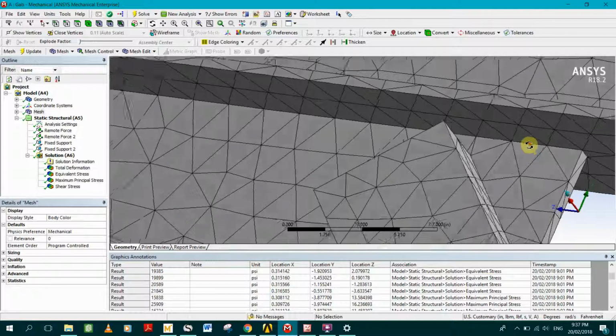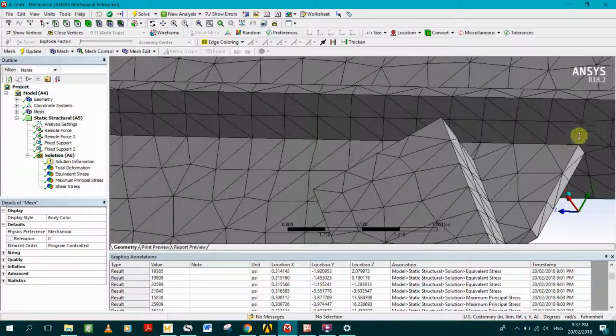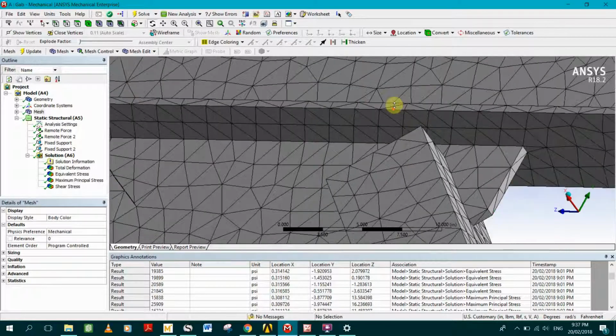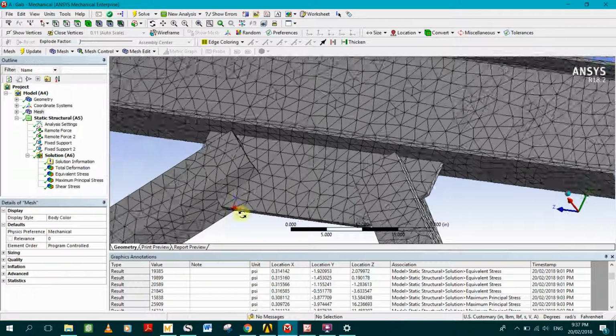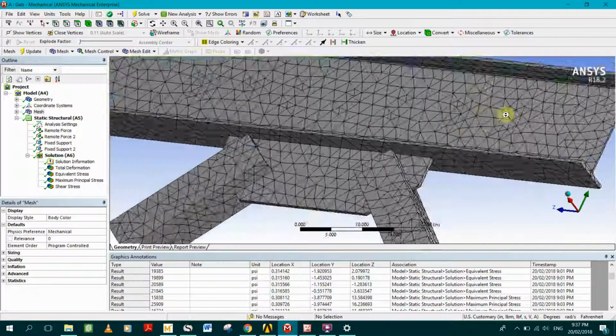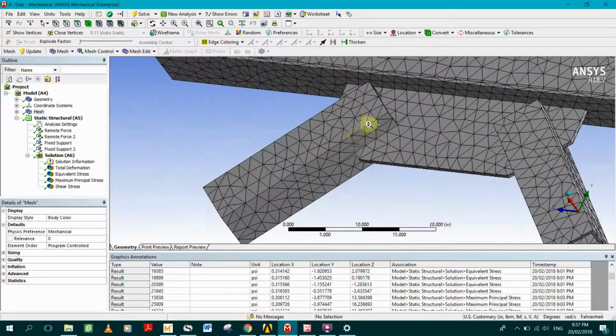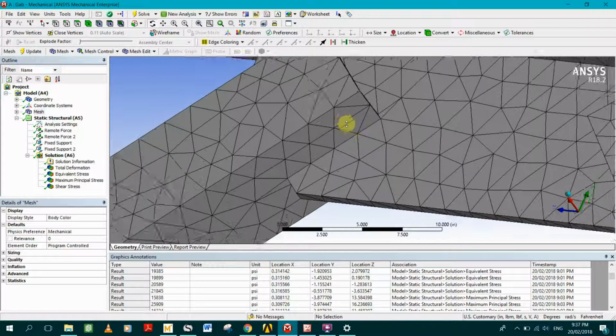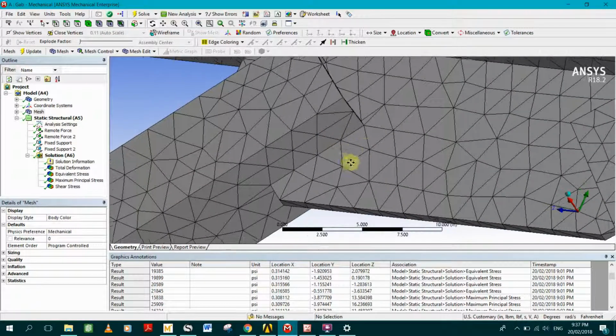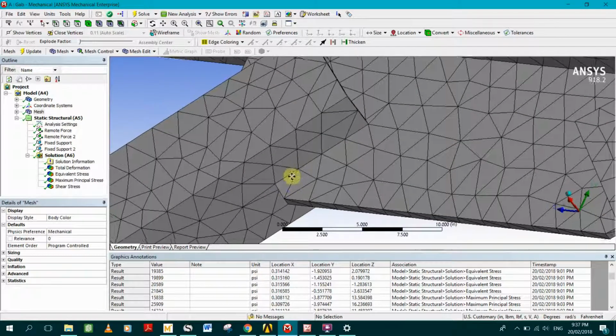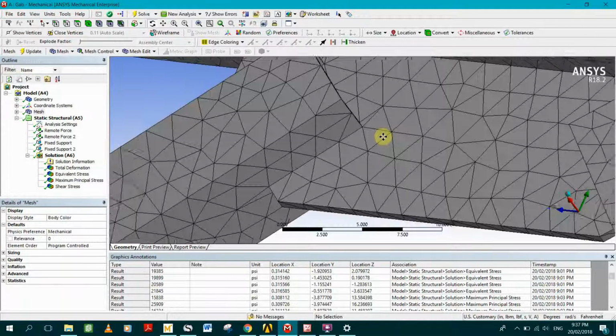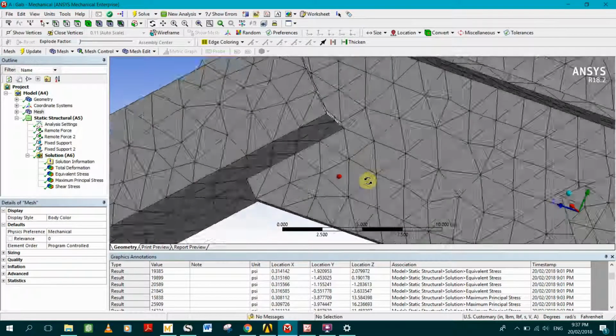So this means that the nodes will allow for proper transfer of forces. This looks good. This is exactly how we expect it to be, and it will behave the way we expect. The same goes for the connection between the gusset plate and the brace. As you can see, the nodes are coincidental on all sides.